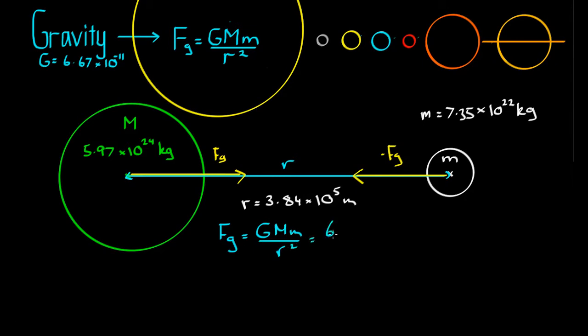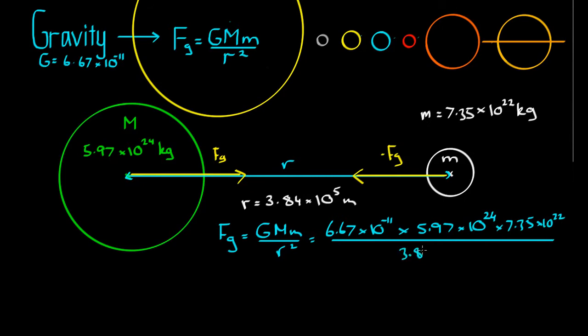That becomes 6.67 times 10 to the negative 11 multiplied by 5.97 times 10 to the 24 multiplied by 7.35 times 10 to the 22 all over 3.84 times 10 to the 5, and if you're on your calculator, make sure you get those brackets in, squared, which comes out to a total of 1.98 times 10 to the 26 newtons. So this is the force between the moon and the earth.